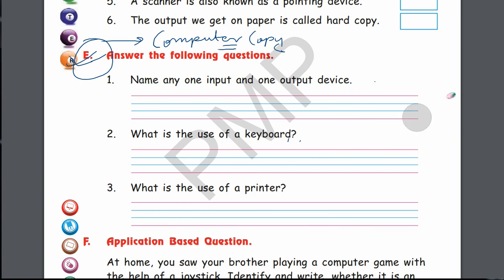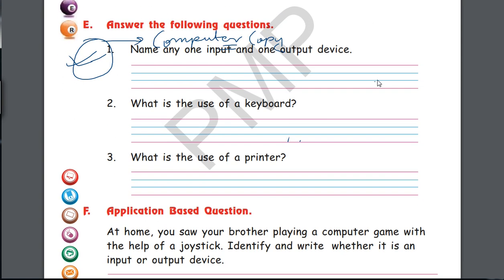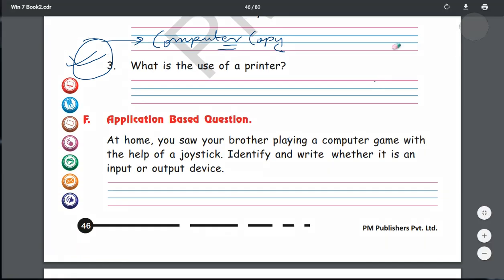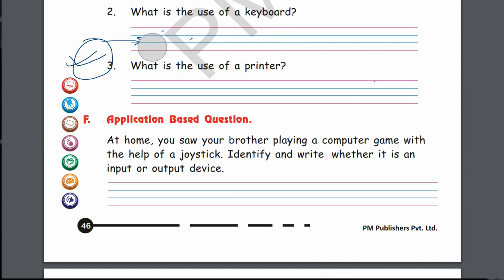Now we come to the last question of this chapter. At home, just read out the question, application based. At home you saw your brother playing a computer game with the help of joystick. Identify and write whether it is an input or output device.